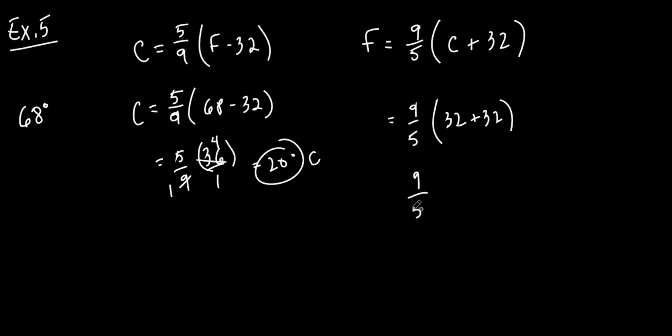It won't come out as pretty, but that's all right. This time, I'll let you use a calculator. 9 times 64, and then divided by 5. And that's 115 degrees. Wow, that'd be pretty hot.